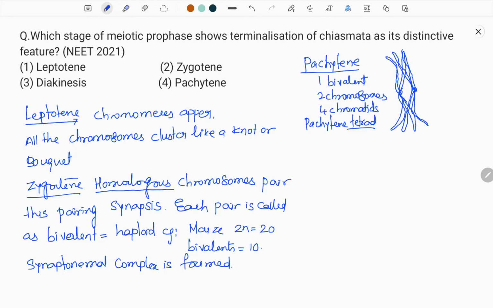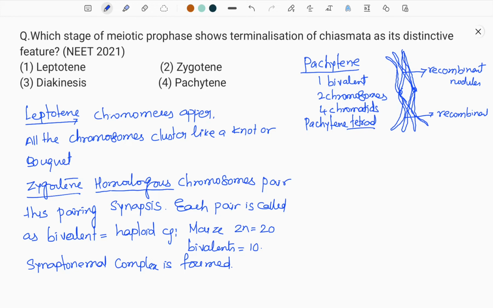At the place where two non-sister chromatids are fused with each other, they are called recombinant nodules. So this is also a recombinant nodule. What do you mean by non-sister chromatids? The chromatids of the same chromosome are called sister chromatids. The chromatids of different chromosomes are called non-sister chromatids.